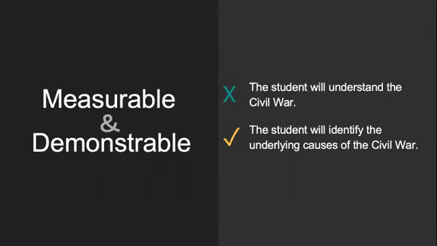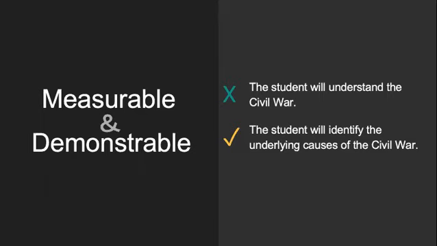The most common error in writing learning outcomes stems from selecting a behavior that either cannot be measured or that students cannot demonstrate. Here I've given you a very simple example. "Students will understand the Civil War" is not a well-written outcome because it's not really possible to measure a student's understanding of something.